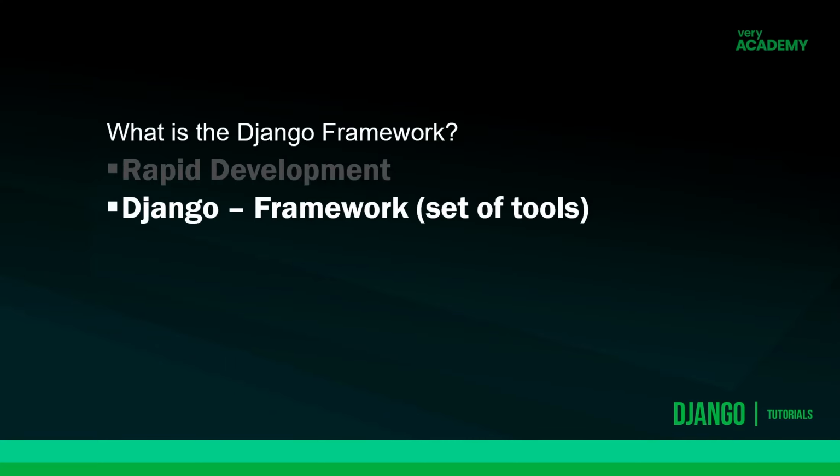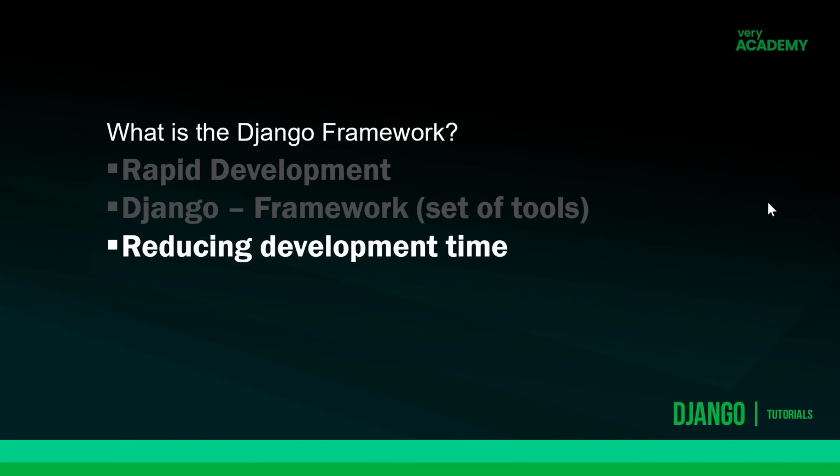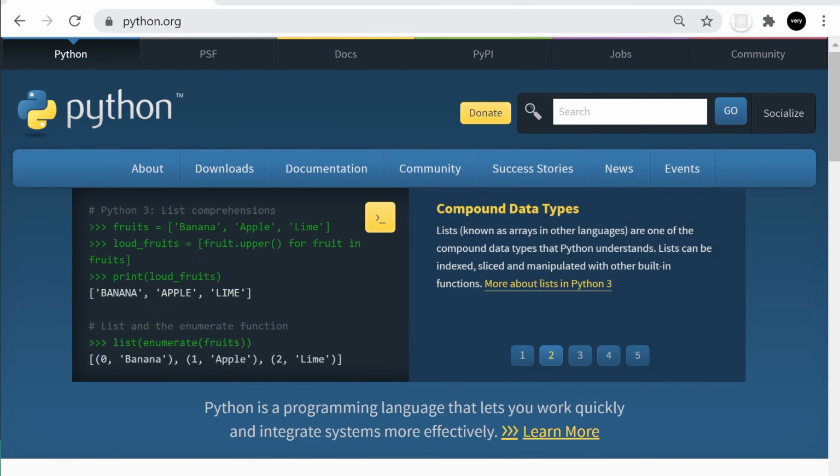Having these tools readily available ultimately reduces the amount of time it takes for us to develop applications. Django is written in Python, therefore we're going to need Python in the background for us to actually run the Django code.